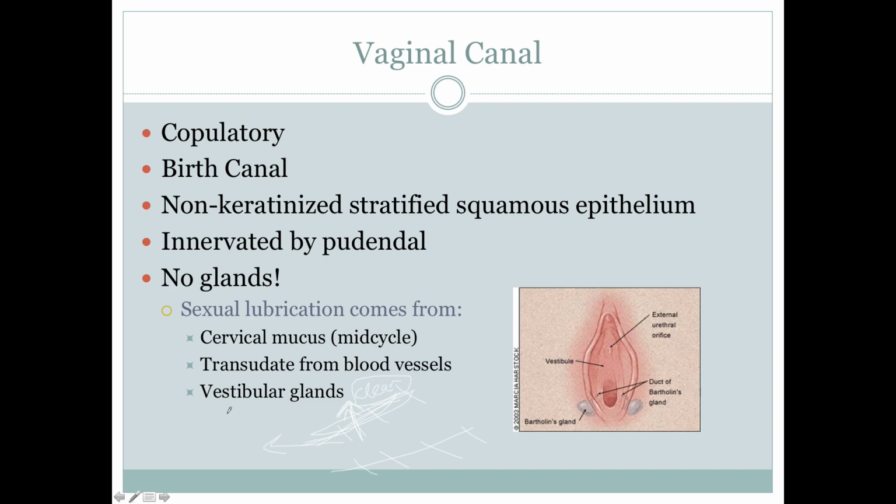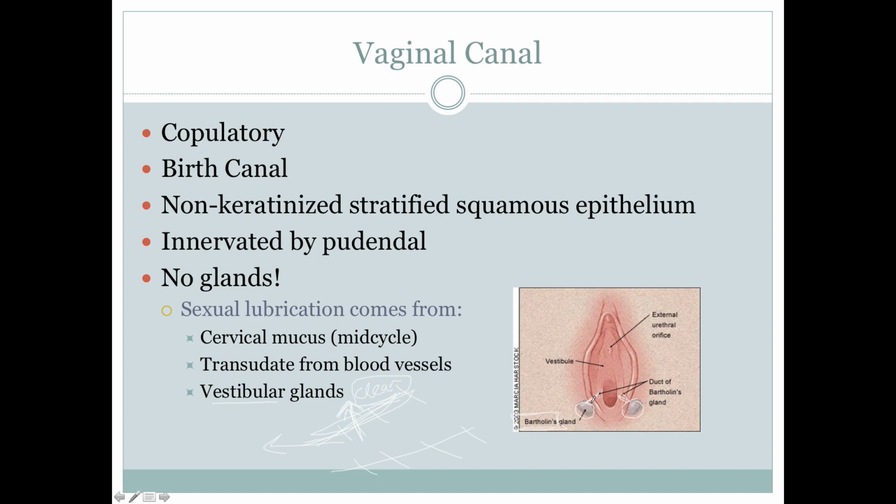Then there's also vestibular glands, is the anatomical name. Of course, somebody named them after themselves. It was a him. He named it. They're called Bartholin's glands. Bartholin's glands are at the bottom of the vaginal vestibule, and they're exocrine glands making just a slight mucousy product. They empty out into the vestibule region.